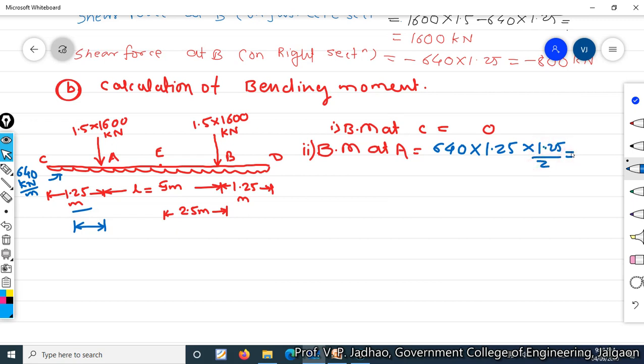So this bending moment comes out to be 500 kilonewton meter.